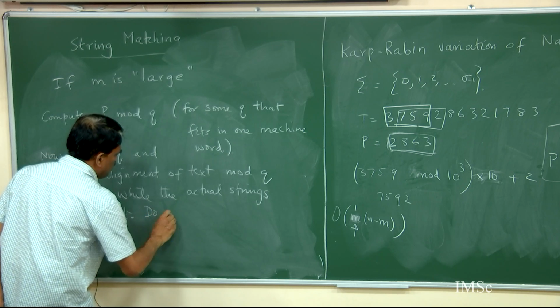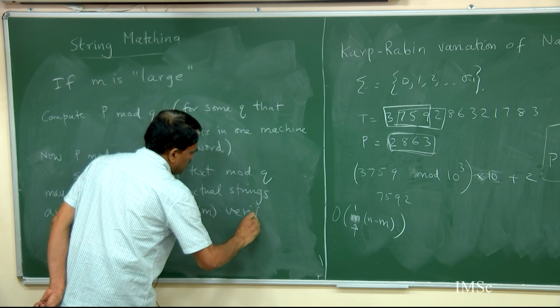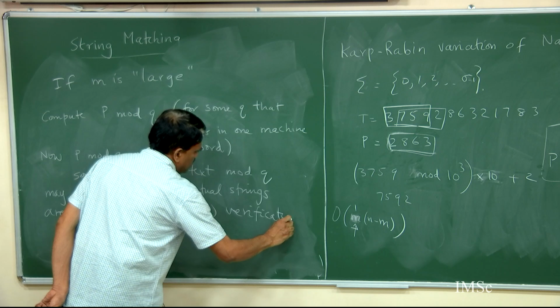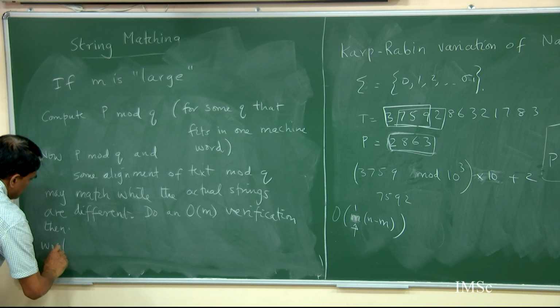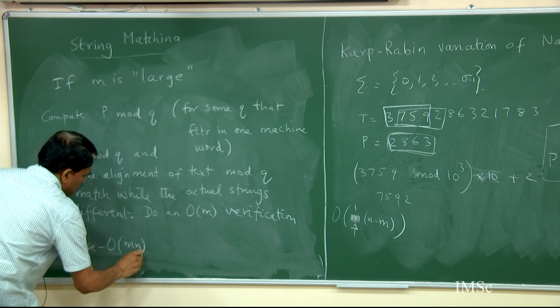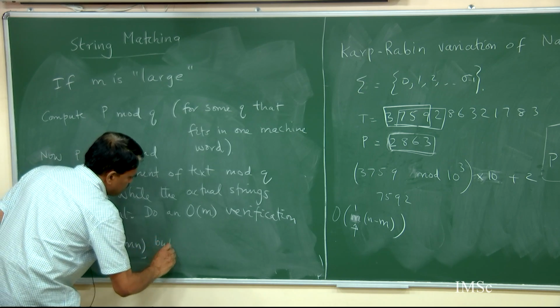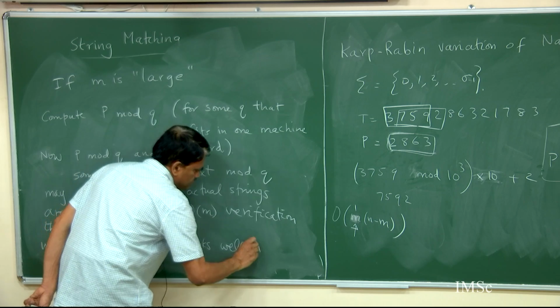So, do an order m verification then. So, worst case still order mn, but works in expected linear time, okay.